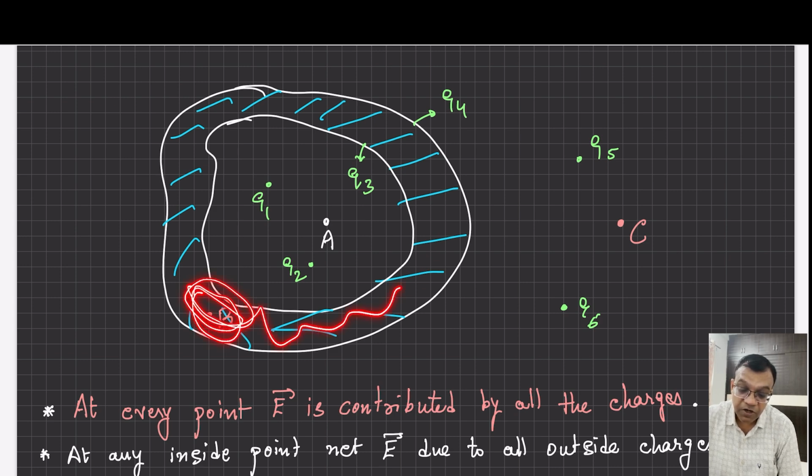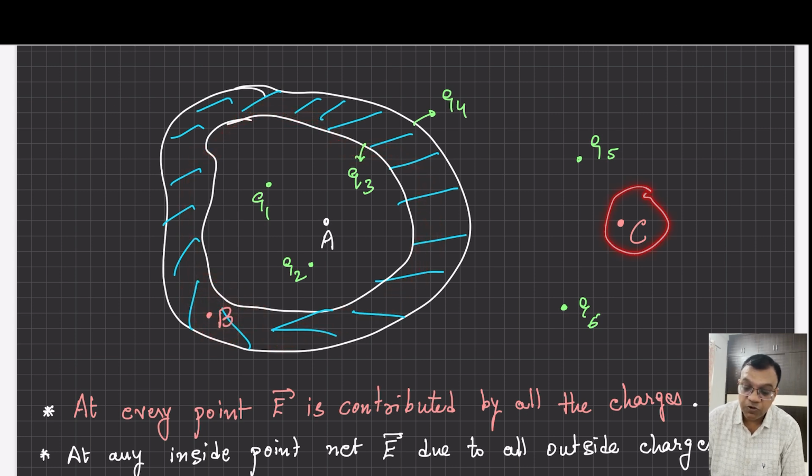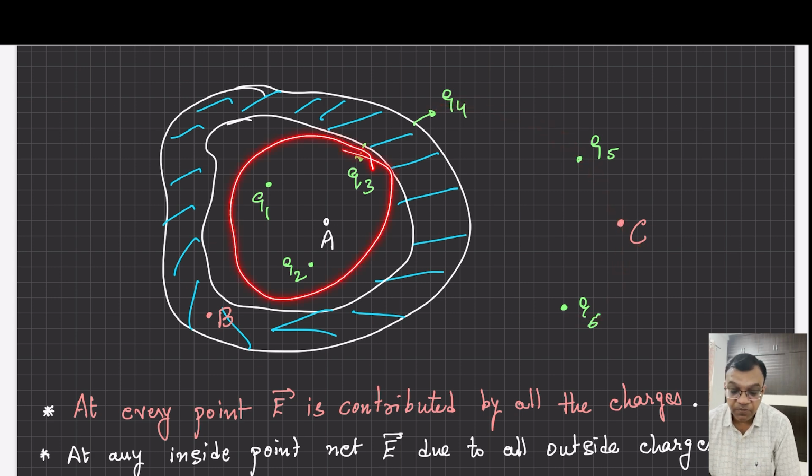Electric field in the bulk of the conducting medium is 0. At point C, the resultant due to Q1, Q2, Q3 is 0. Due to Q4, Q5, Q6 it is non-zero. The resultant field at C is only due to Q4, Q5, Q6; due to Q1, Q2, Q3, it will become 0.